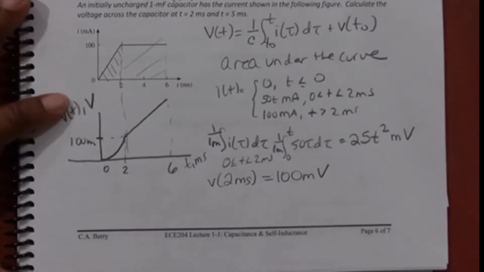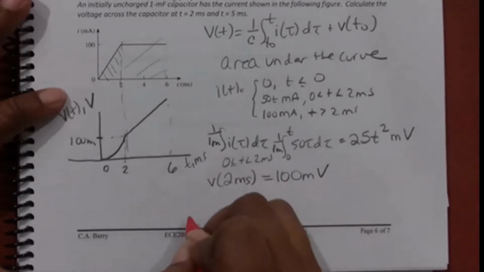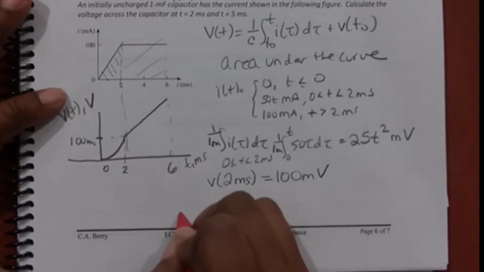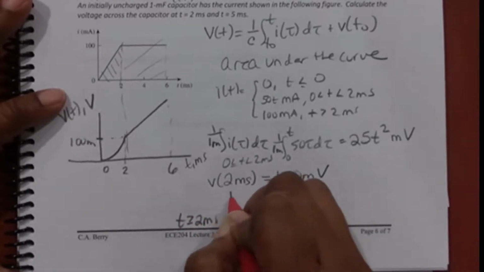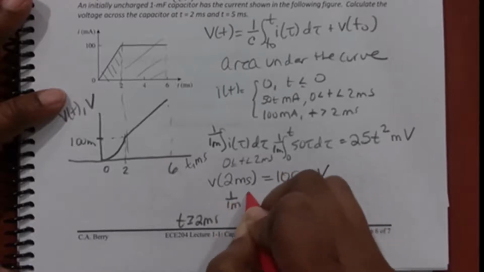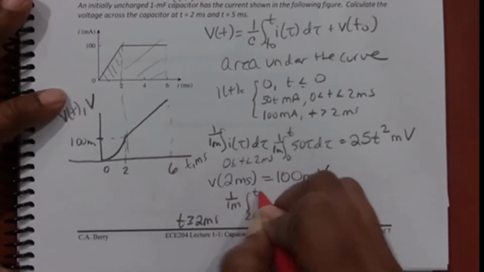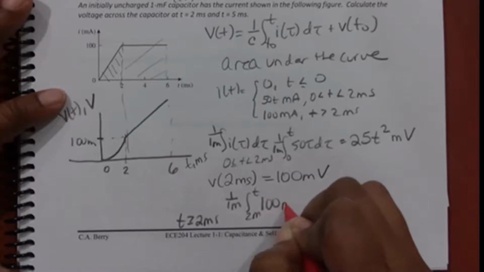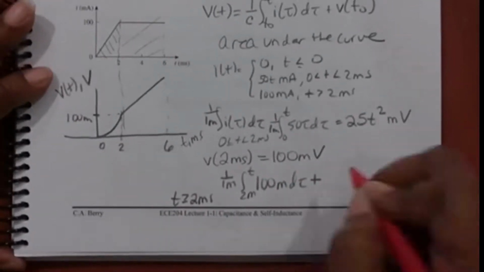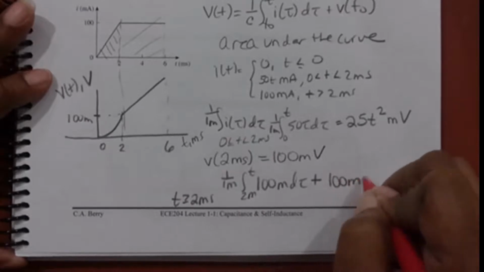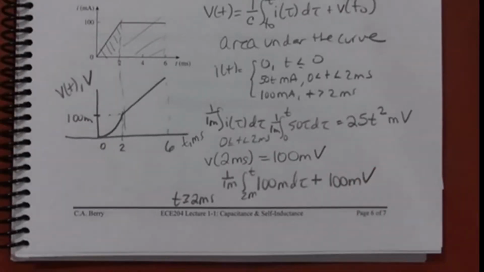Now let's do the integral from 2 to 5, or greater than 2 rather. T greater than or equal to 2 milliseconds is going to be 1/1 milli, the integral from 2 milli to t, 100 milli d tau, but I have to add in the initial voltage now, which was 100 millivolts.